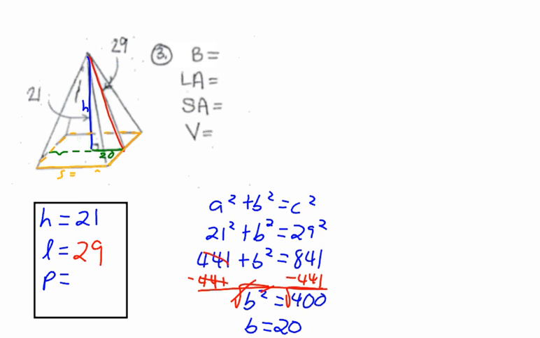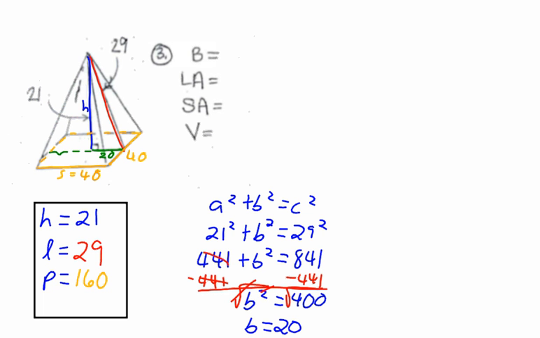I said it should be doubled, 2 times the 20, but I didn't do that. So each side should be 40. If I multiply 4 times 40, I end up with a perimeter of the base of 160 units long.